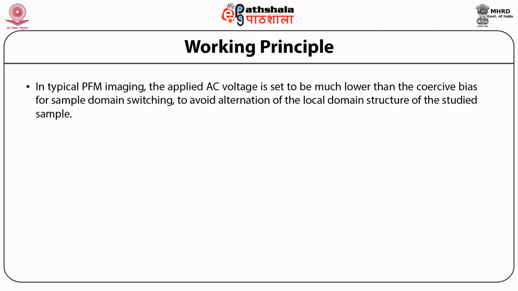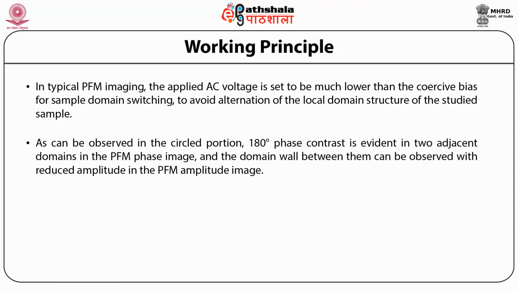This figure shows an example of such PFM amplitude and phase images obtained on a PZT-5H sample. As can be observed in the circled portion, 180-degree phase contrast is evident in two adjacent domains in the PFM phase image, and the domain wall between them can be observed with reduced amplitude in the PFM amplitude image.